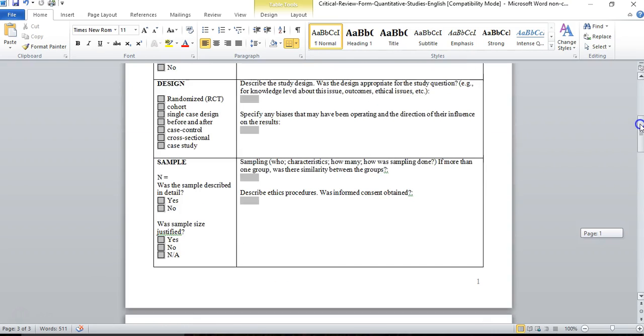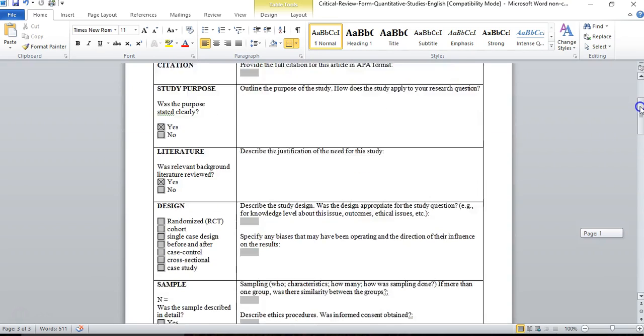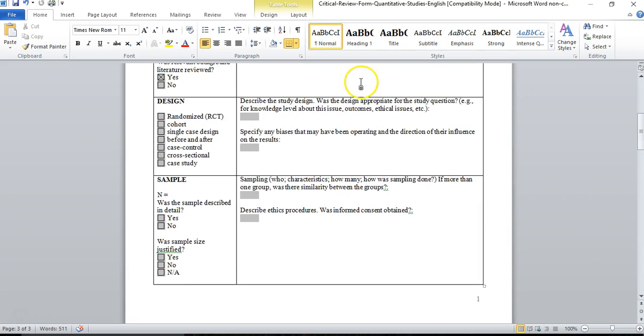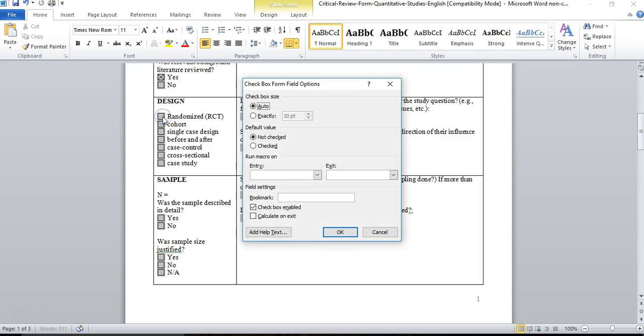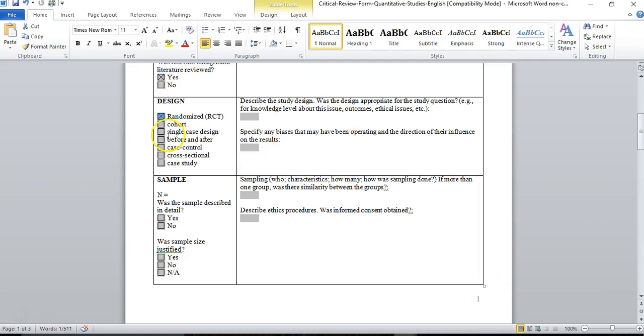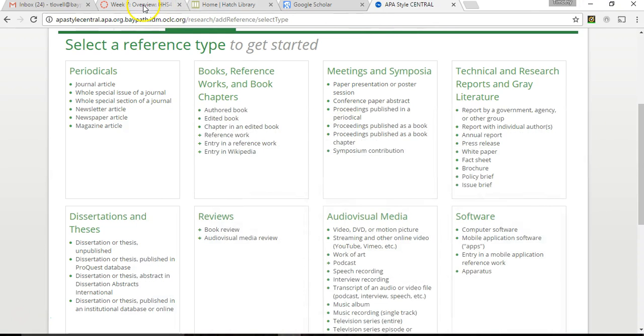So definitely take your time in doing these. And again, like I said, for anything that's a checkbox, just double click, click checked, click OK. And then obviously you would go up here and save it. I'm not going to do that because this is a blank document, obviously.